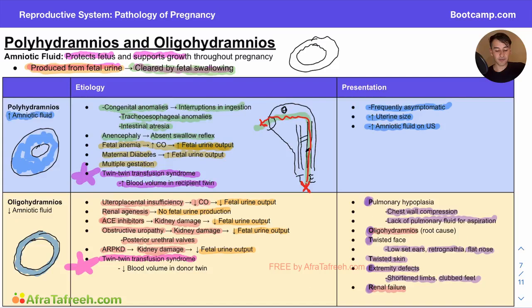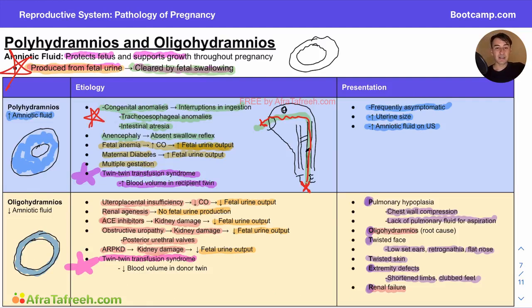In terms of our high yield review, it's really important to understand this first part up here. Understanding that amniotic fluid is produced by the urine, which we highlighted in gold, and then it's cleared by fetal swallowing. So in this green part, we talked about the GI stuff being related to green. And so with polyhydramnios, we talked about our GI causes, which are going to be in green here.